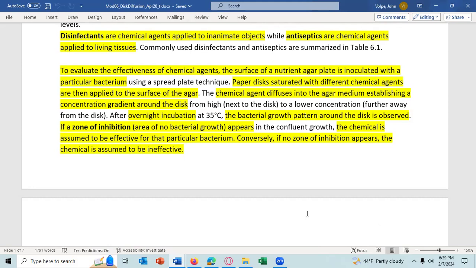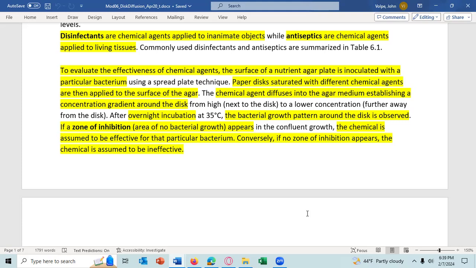You then incubate the plate overnight and look at the bacterial growth pattern around the disc. If a zone of inhibition appears, this is an area of no bacterial growth, the chemical is assumed to be at least effective for that particular bacterium. Conversely, if no zone of inhibition appears, the chemical is assumed to be totally ineffective.